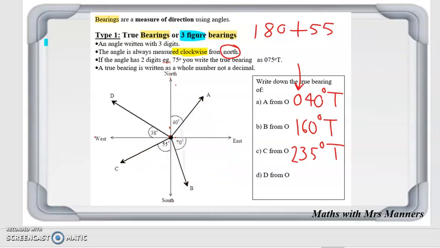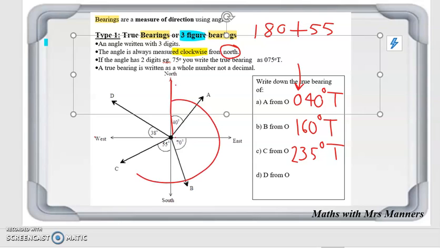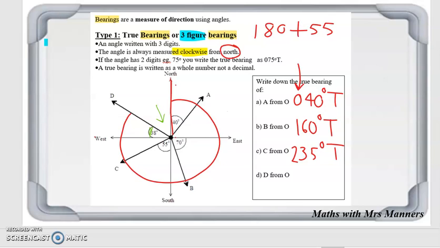My last bearing is D. I want the bearing of D, and once again, I think we're in the habit now. We start from true north, and we're turning clockwise all the way to get to D, and there's quite a few different ways to do this. You could work out this angle here, because if you know that this angle's 38, then this angle here would be 90 minus 38, and that is 52 degrees.